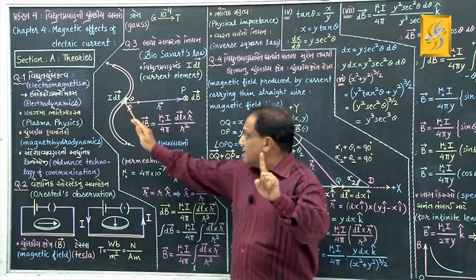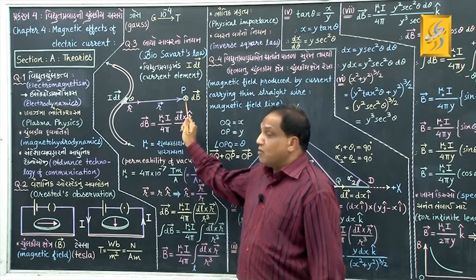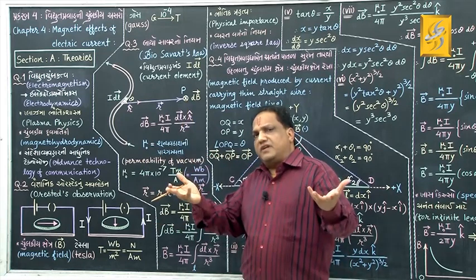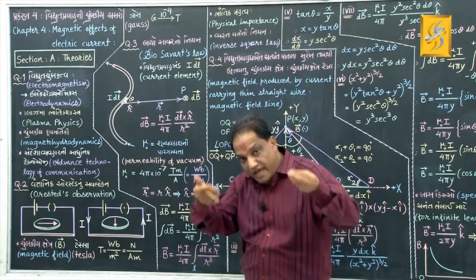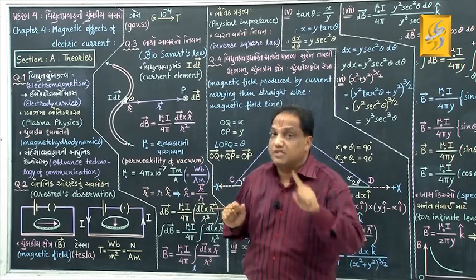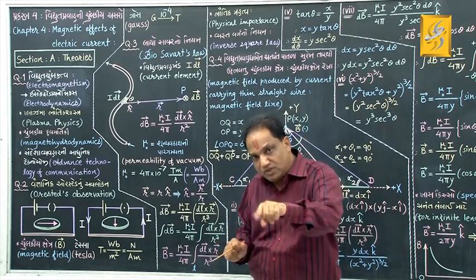Now due to this current element, how much is the partial magnetic field developed at point P? Let it be vector dB. As I said, its formula was derived experimentally by these two scientists, Mr. Biot and Mr. Savart, and that result itself is known as Biot-Savart's law.